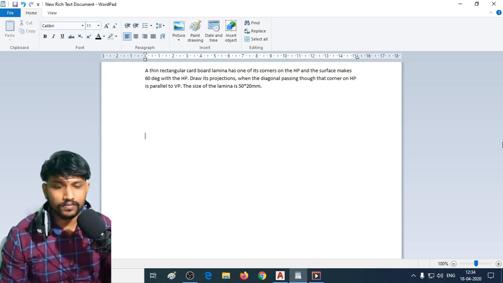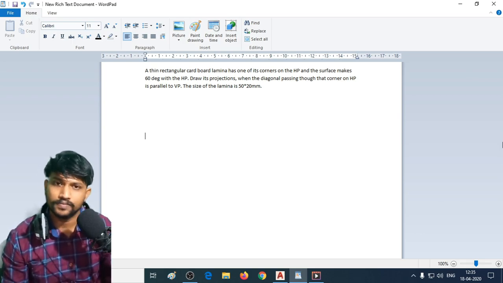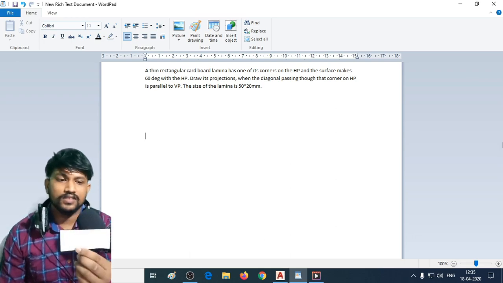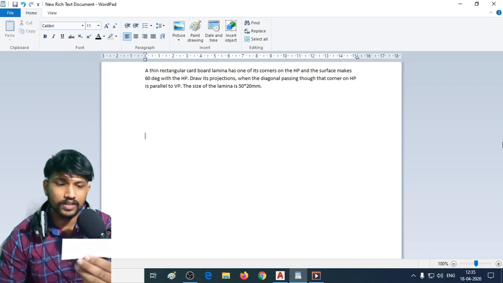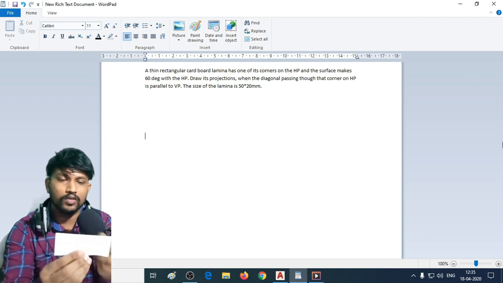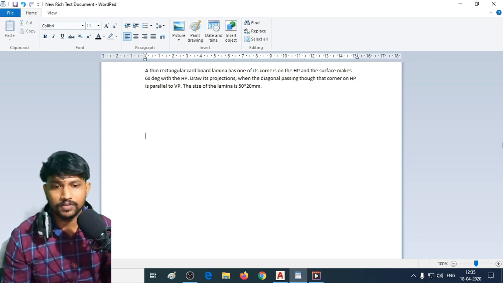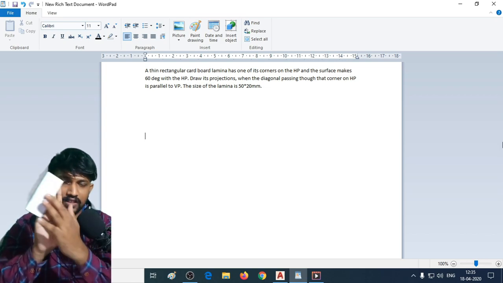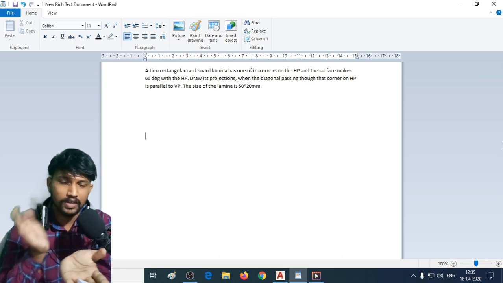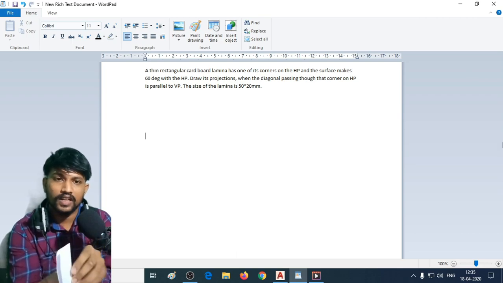A thin rectangular cardboard lamina has one of its corners on the horizontal plane. Assume that this is the rectangular lamina. It has four corners, 1, 2, 3, 4, and one of its corners is on the HP. If you assume there is a vertical plane and a horizontal plane, then one of its corners is in the horizontal plane like this.